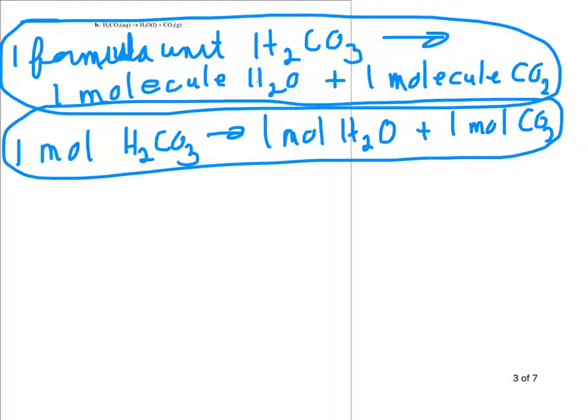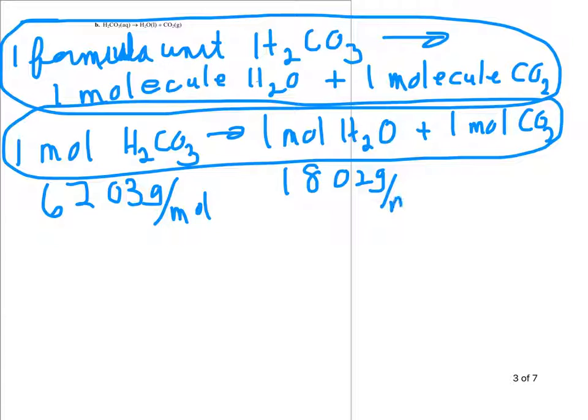And again, we want to just take each of those, change them to grams, multiplying by our molar masses. And the molar masses, you calculate them out, you should get something like 62.03 grams per mole for the carbonic acid. For the water, 18.02 grams per mole.